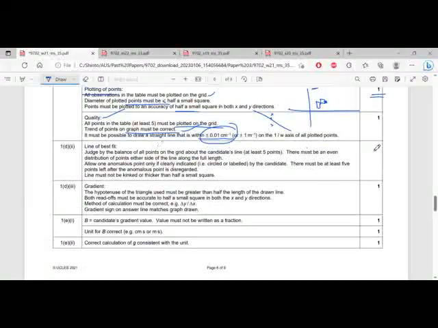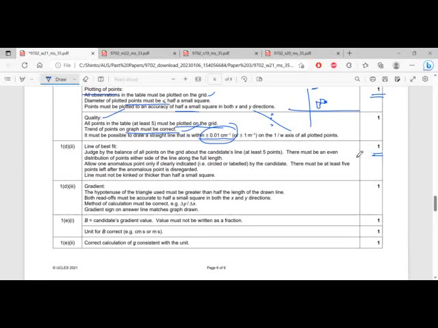Next is the line of best fit, which carries 1 mark, and all of you know how to draw a line of best fit. Now these points have to be balanced about a straight line. These 5 points have to be just below or just above, and your line of best fit has to go through this.